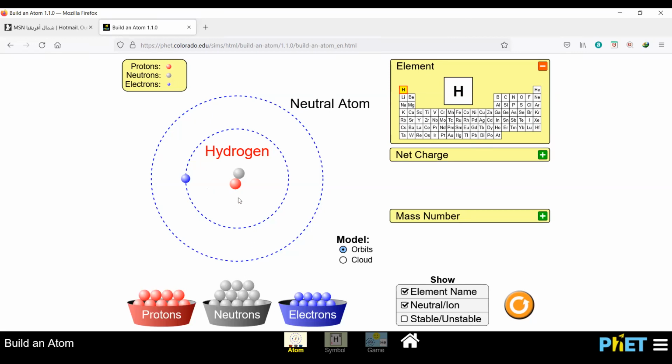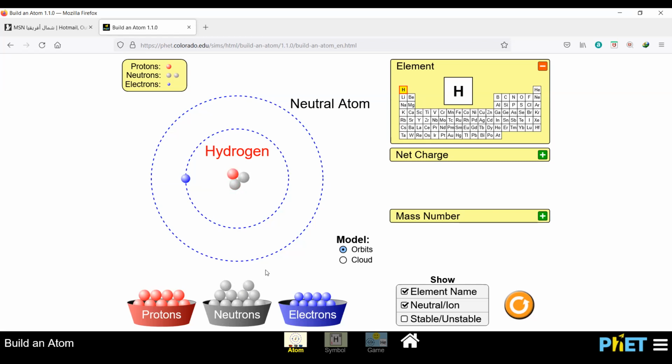We have the nucleus of the atom from inside. It consists of this red part called protons. Protons are positive, all the time. How about neutrons? They consist of protons and neutrons.